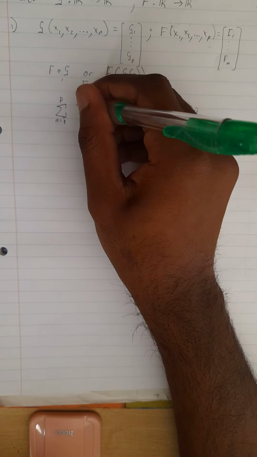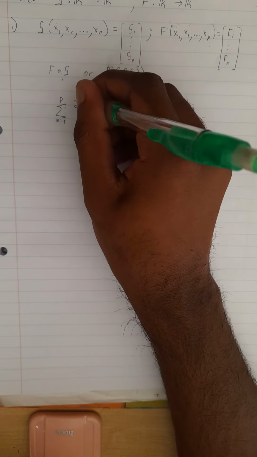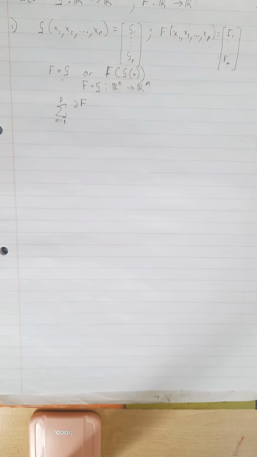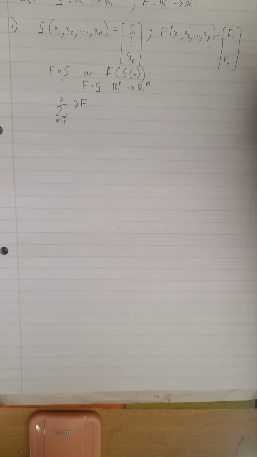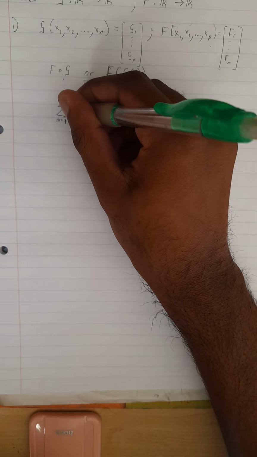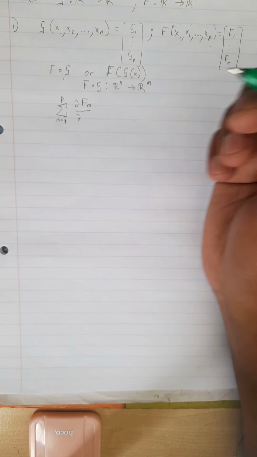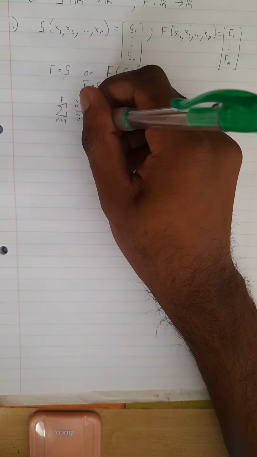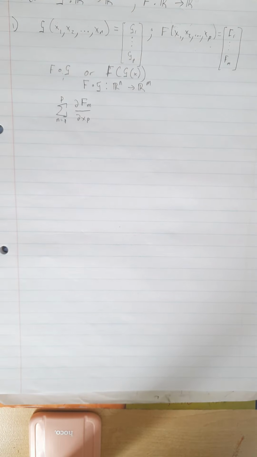Again, we need to take the partial derivative of f. F is our main thing in this proof. So it's going to be f1 up until fm with respect to xp. So that's what I just said right now.